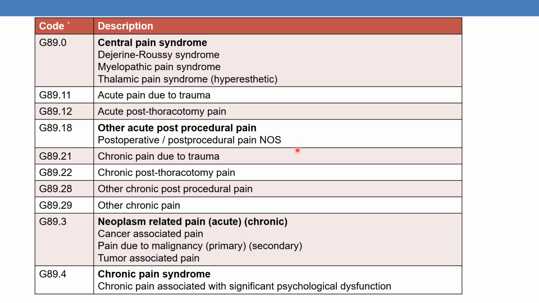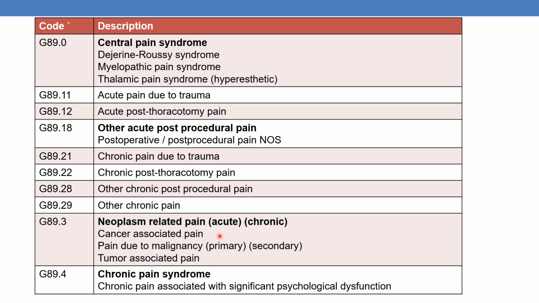Next is G89.21 chronic pain due to trauma. G89.22 chronic post-thoracotomy pain. G89.28 other chronic post-procedural pain and G89.29 other chronic pain. And next is G89.3, neoplasm related pain. It can be either acute or chronic. For both cases, you need to code only G89.3.